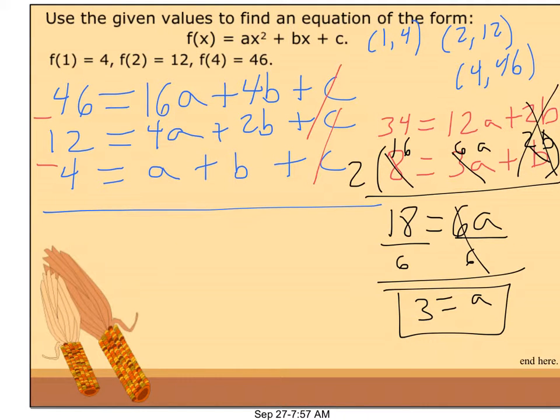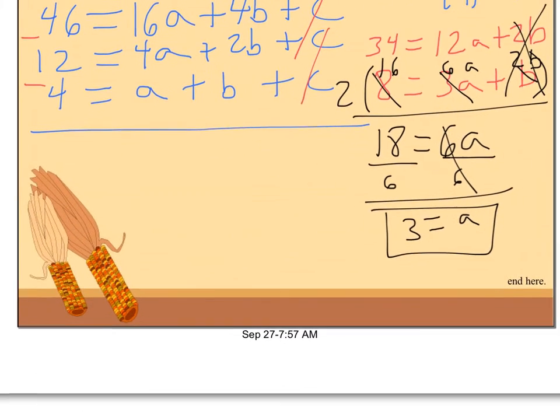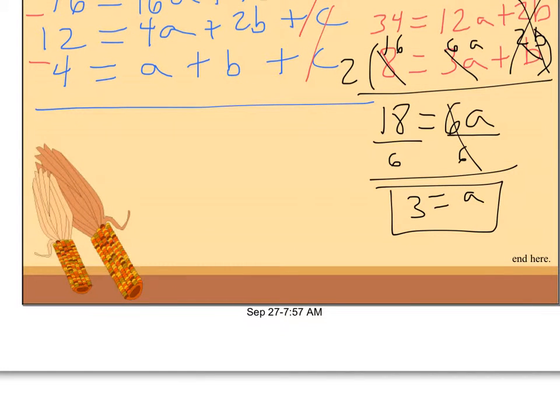I'm going to move this down a little bit because I need some more room. I'm going to go back up to these equations in red. And now I'm going to solve for something else. I'm going to take 8 equals 3a plus b. That looks like the easiest one to solve.